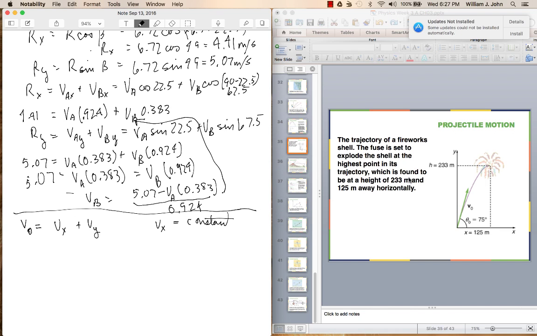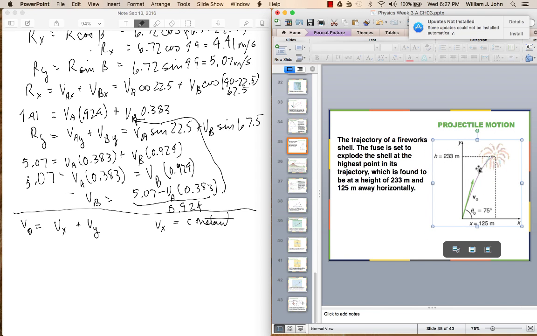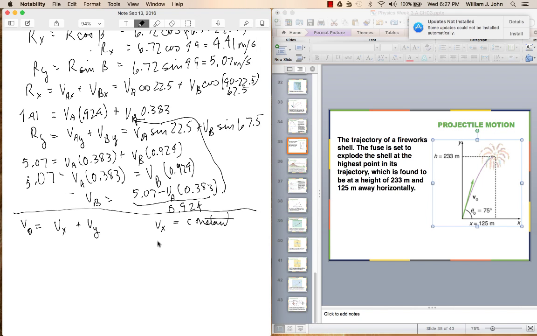Well, what we know here is when the firework reaches this top point, the Vy is equal to 0. So at the very top, Vy equals 0. So the final velocity, the velocity at the top here, Vyf, if you will, is 0. And we know that Vy initial then is something we need to find.